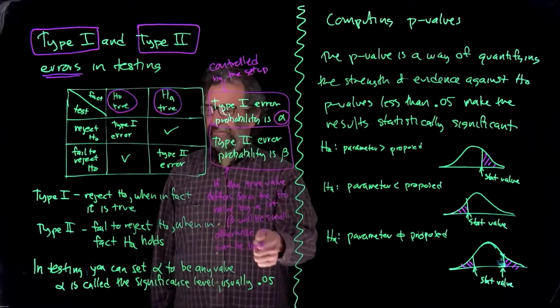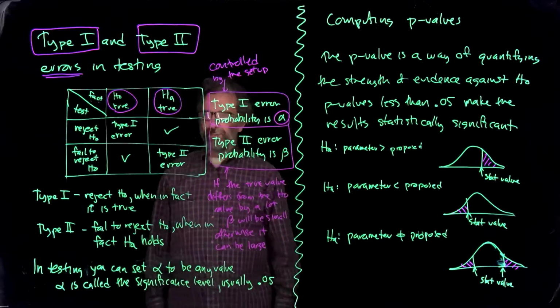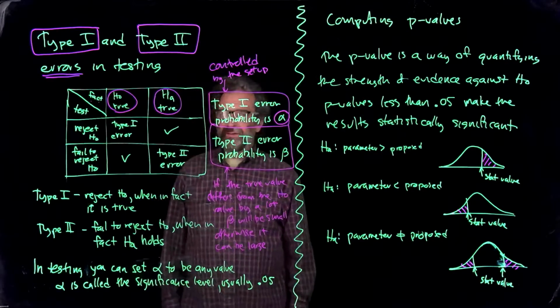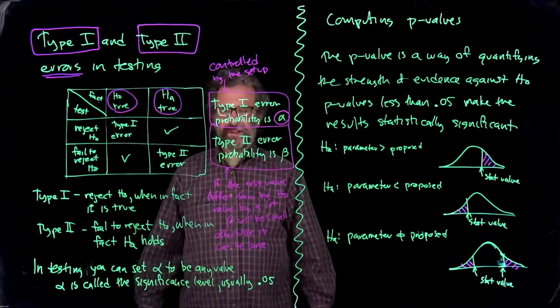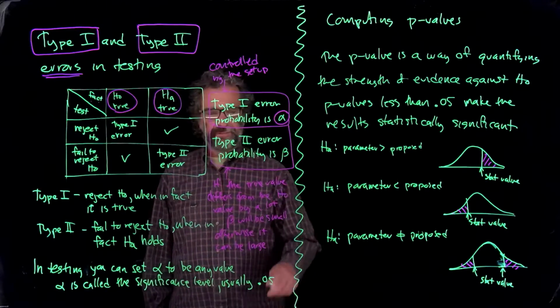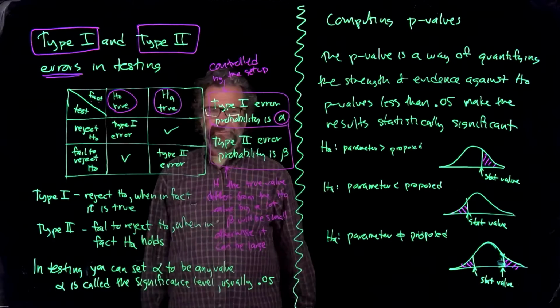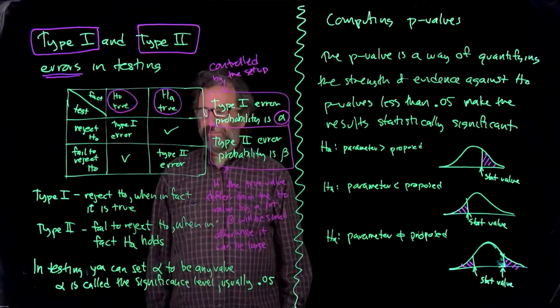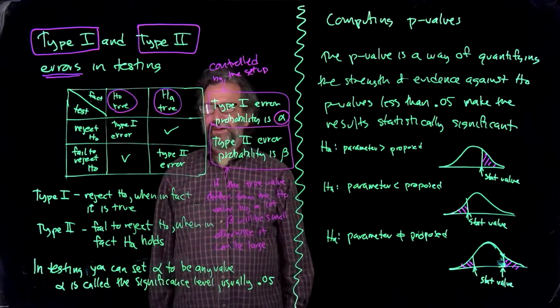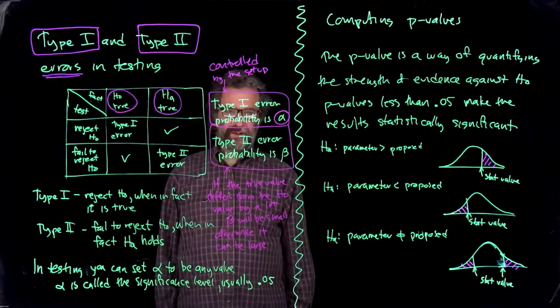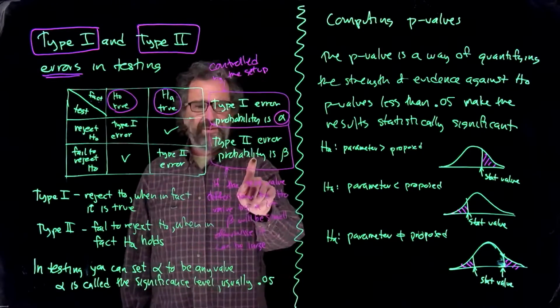If, however, the fraction of the time the tosser gets heads is much different from a half, then if you do 100 tosses, you're going to detect that and you're going to reject the null hypothesis. So the probability of making a mistake depends on how far away the truth is from what the null hypothesis says it should be. So we can't control this unless we know what the alternative looks like.